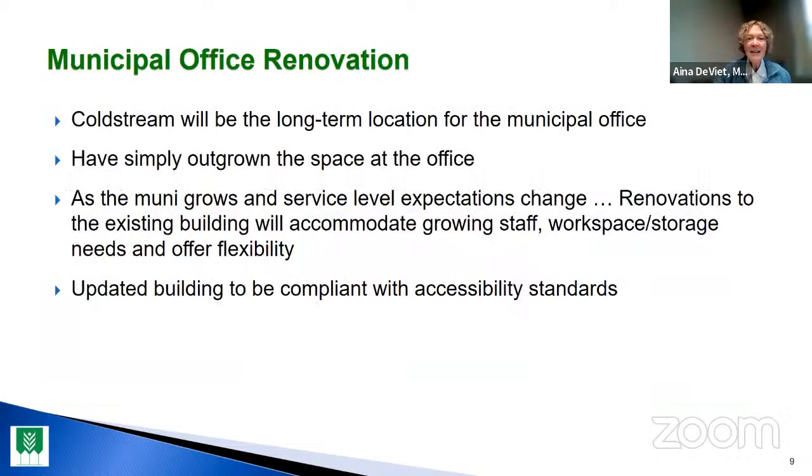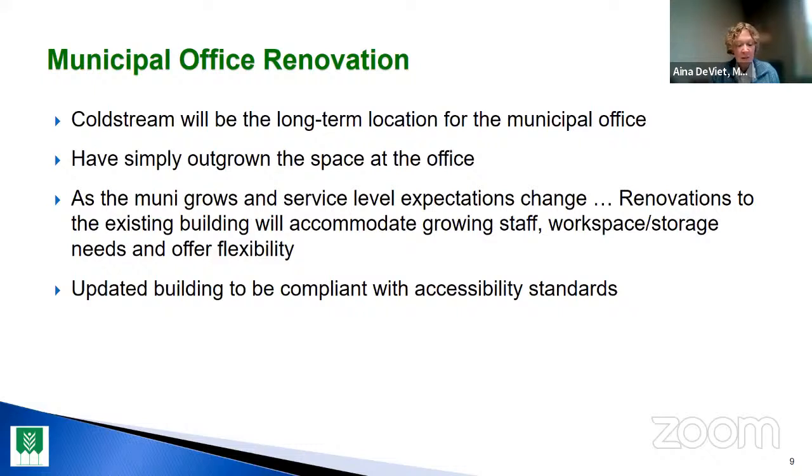The next slide is maybe something you have not heard about yet. We've simply outgrown the space here at the office as staff have changed and how work is being done has changed and the municipality is growing. There has been discussion started about renovating the municipal office. We're early days still, though.